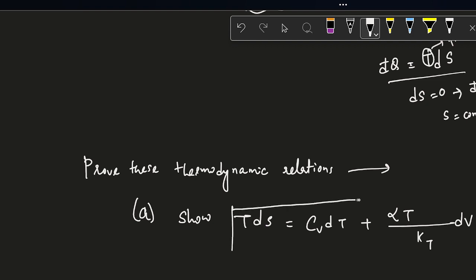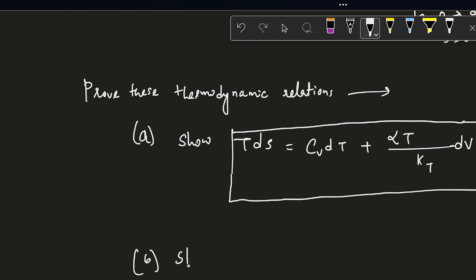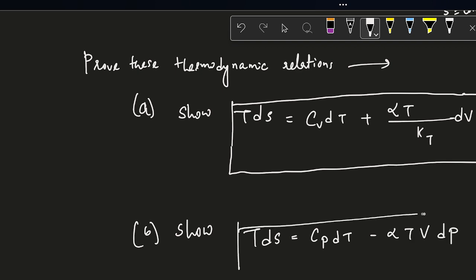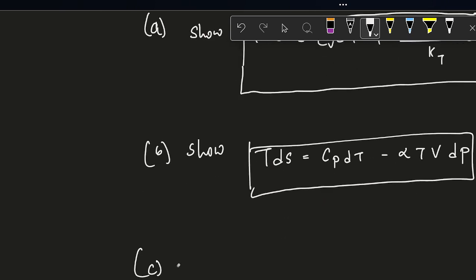So this is one relation. Then the second question can be show TdS equals CP dT minus alpha TV dP. And the third question, that will be derived easily, is Cp minus Cv equals T V alpha squared by Kt.